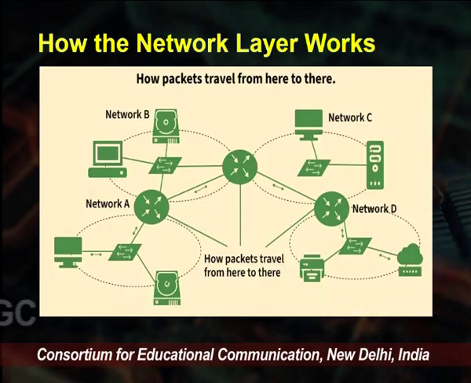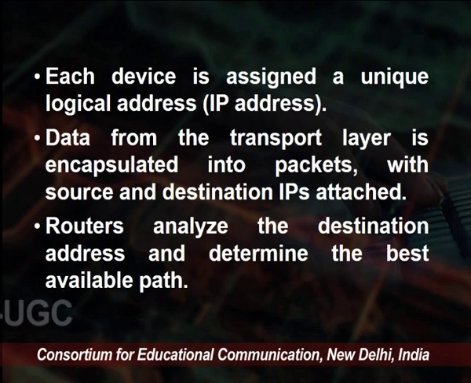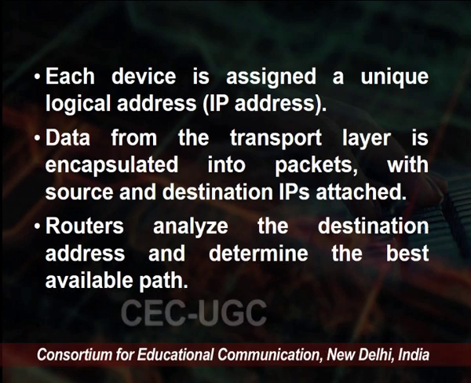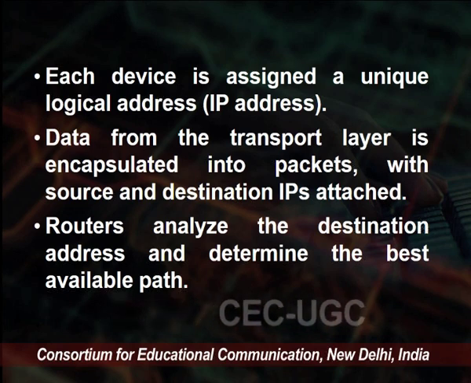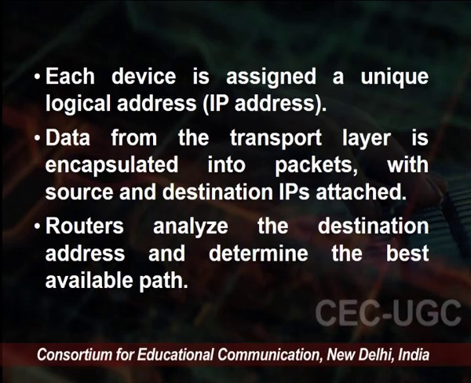Now, let us say from network A, one machine sends a packet which is intended for network D. How that packet will travel the whole path, that determination of the path is actually the job of the network layer. So, let us see how your network layer works. Each device here is assigned a unique IP address, which we are calling logical addresses.